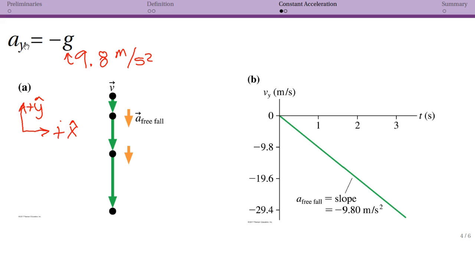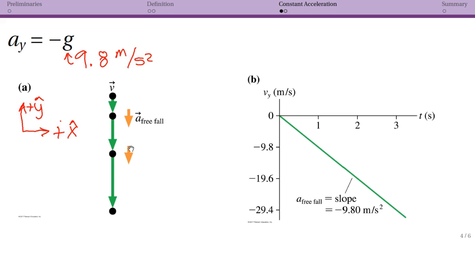So if the positive y direction is up and our acceleration is down, that's why we need this minus sign here. The other thing to keep in mind is that gravity never pulls you sideways. Gravity always pulls you straight down, and that's why we get to say that this is in the y direction. So that's the pictorial representation.